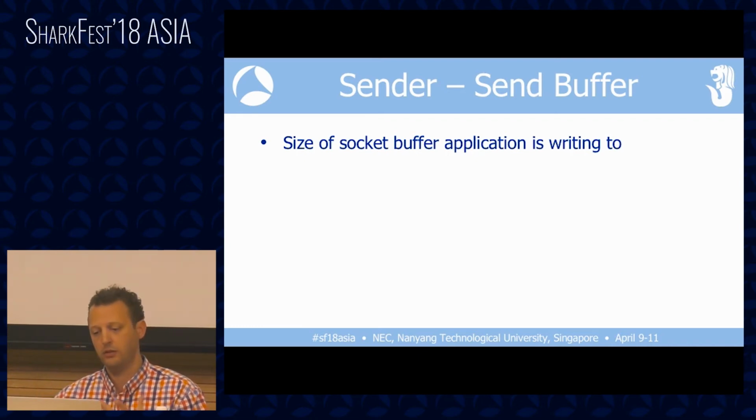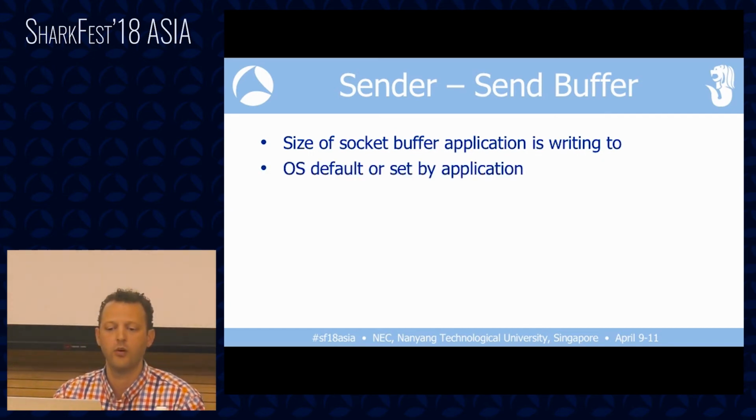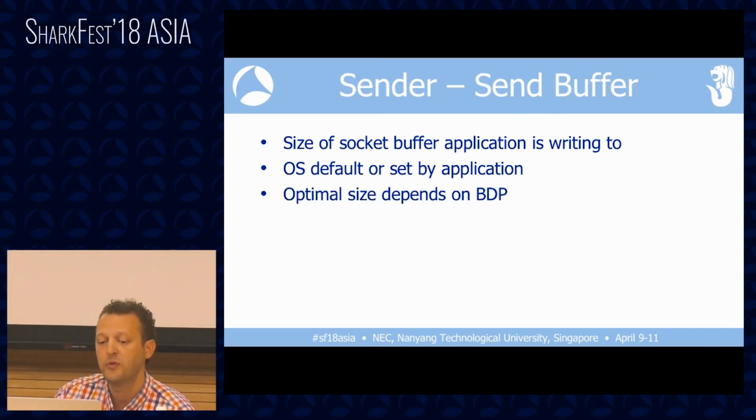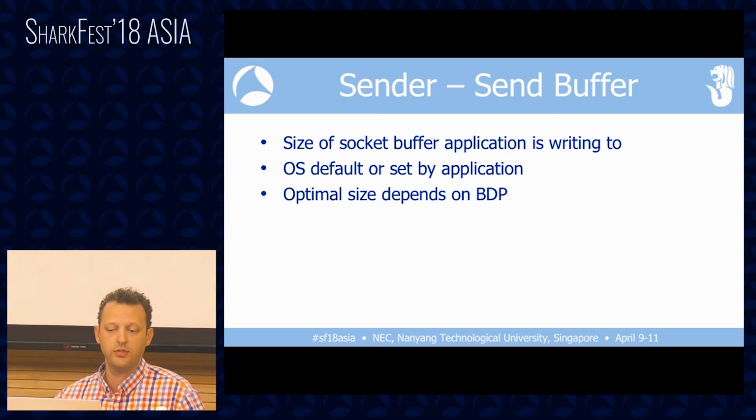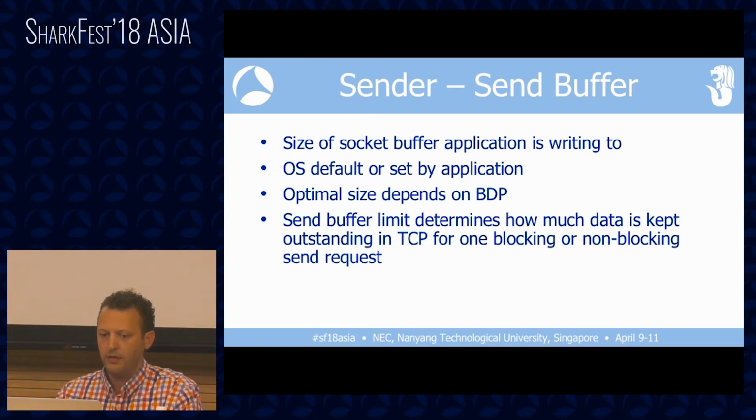The application is reading the cat pictures off the disk, and then it's giving it to TCP into the send buffer for TCP to send it. Again, this is either an OS default or it's set by the application. The optimal size of this, as with the receive buffer, depends on the BDP, depends on what we're trying to do. Lots of operating systems these days kind of do it on the fly, and it's adjustable. Auto-sensing the network.